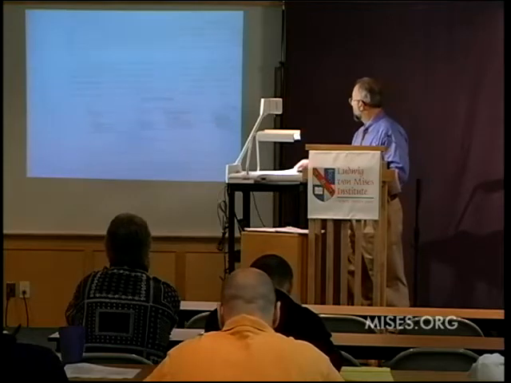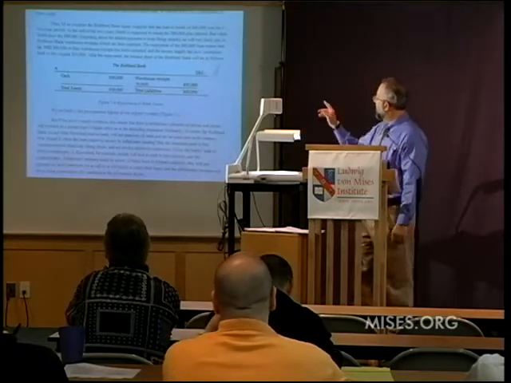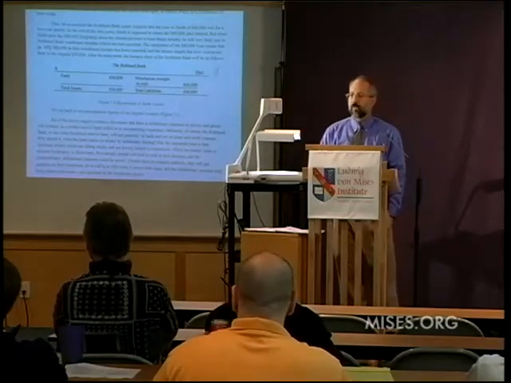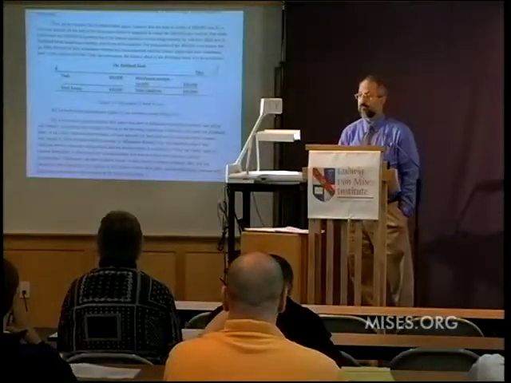Now, something else we can say about fractional reserve banking. There is an inherent tendency to deflation, in the sense that when those $80,000 in loans are paid back, notice what happens. The cash suddenly disappears. The deposits or the banknotes are turned in as they pay back their loans, and the money supply is deflated.